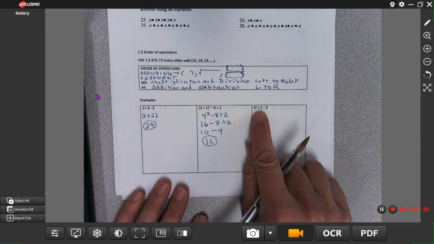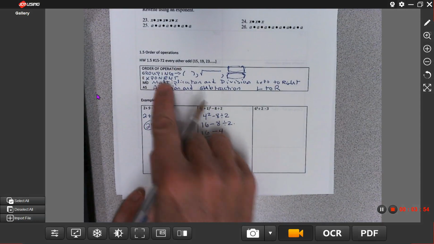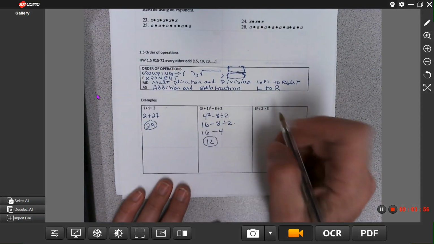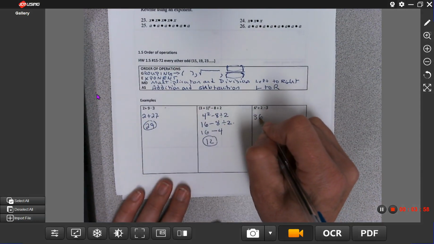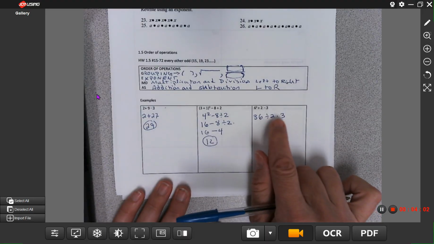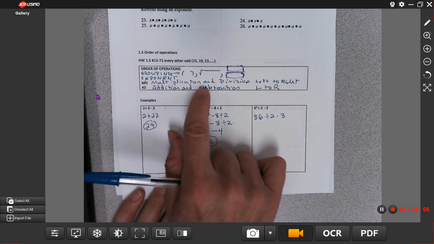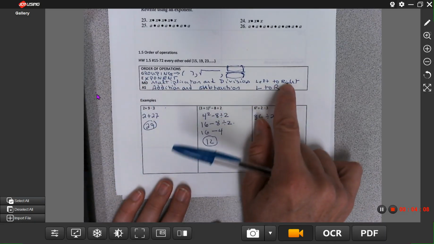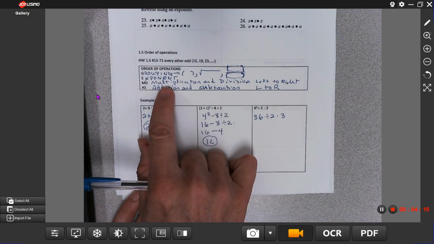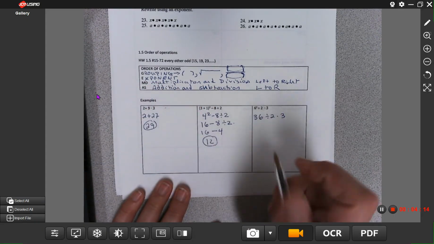Now let's look at this one. I don't have any grouping symbols, but I do have an exponent. So 6 squared I have to do first. And now I have division and multiplication. They are on the same level. Remember, I said we do those from left to right. It doesn't mean multiplication first and then division. It means do these together left to right.